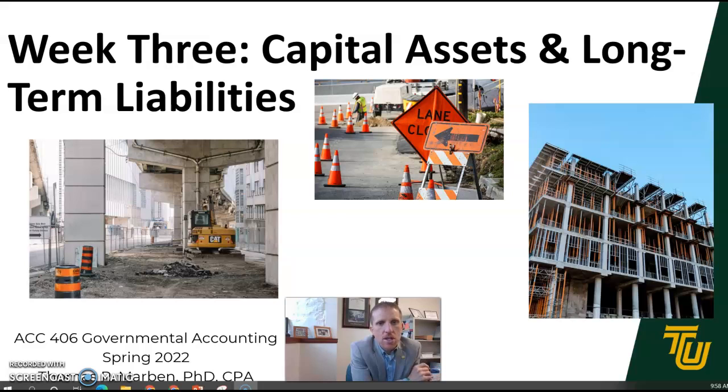And so there's unique things that government entities do regarding capital assets and long-term liabilities. Generally when we're talking about capital assets of government agencies or government entities, we might be talking about roads and highways and those sorts of things, infrastructure within a state, a city, or buildings, office space, libraries, those sorts of things.